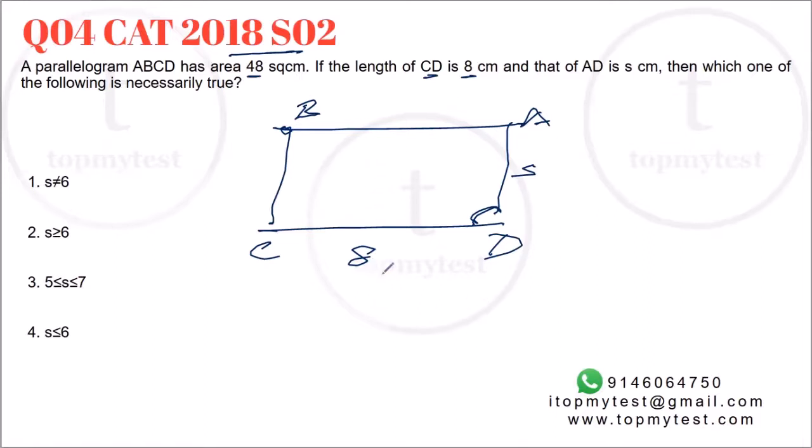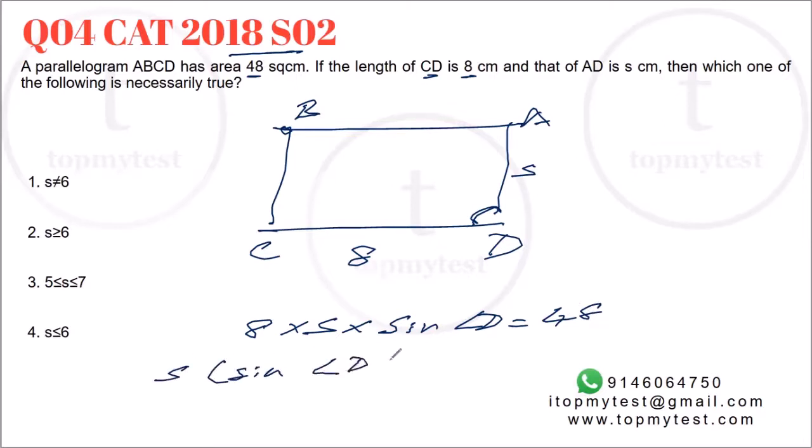So we know 8 into S into sine of angle D should be equal to 48, which means S into sine of angle D should be equal to 6.